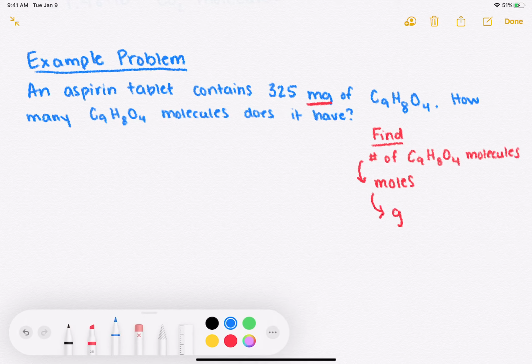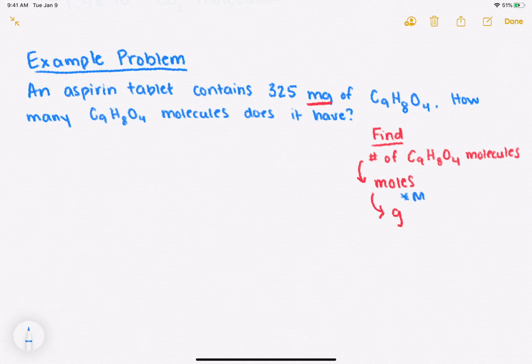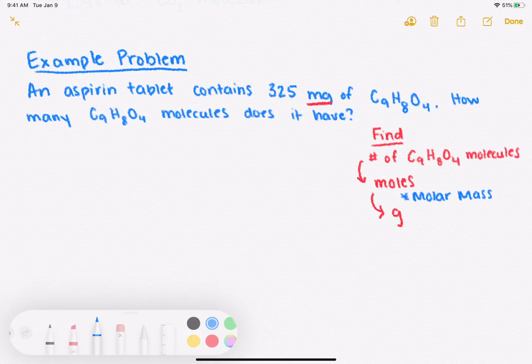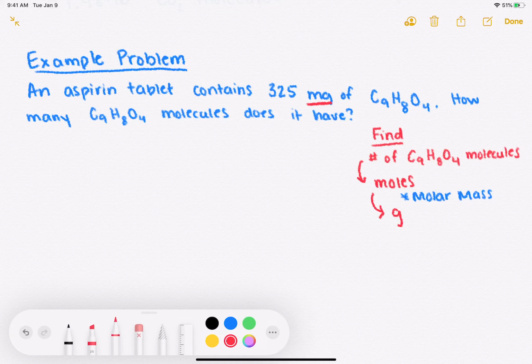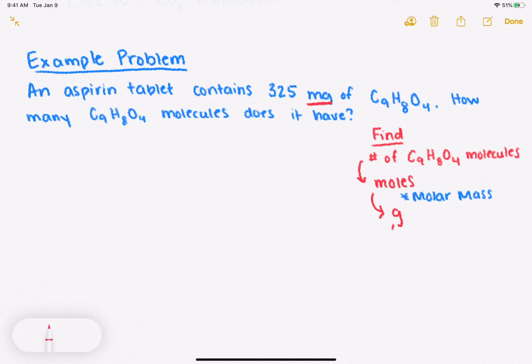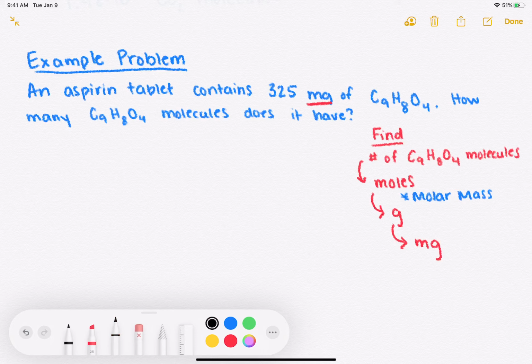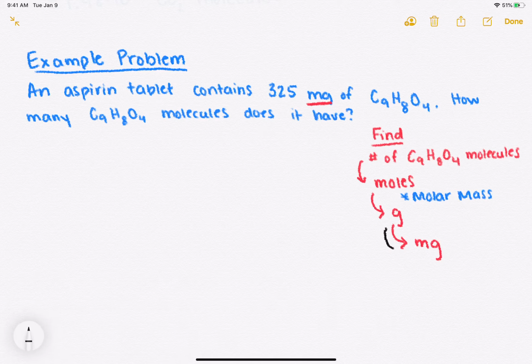So let's add that in because that's an extra step. And we can find grams because we're given milligrams. So basically what I did here is I kind of worked backwards from where we're trying to get to back to the beginning. So the way we're actually going to solve this problem is to flip it around and to go from milligrams to grams, grams to moles, and then moles to molecules.